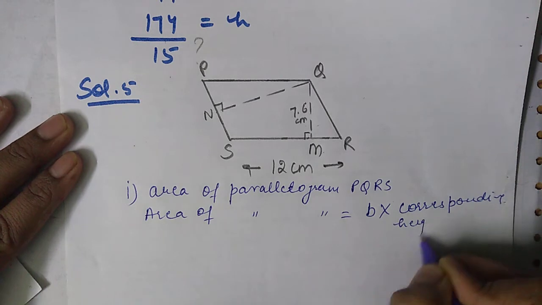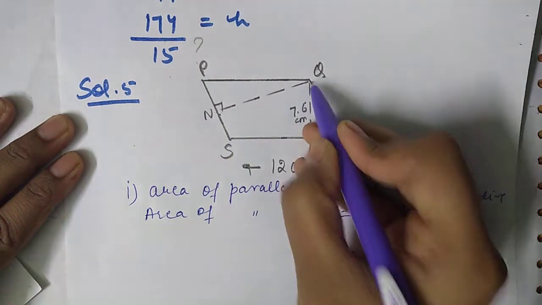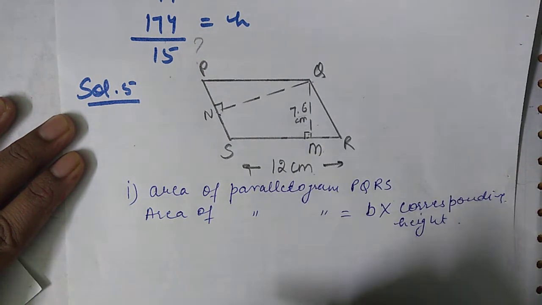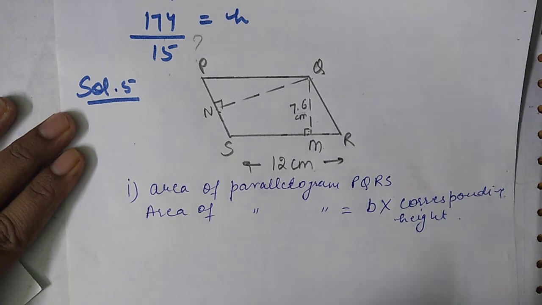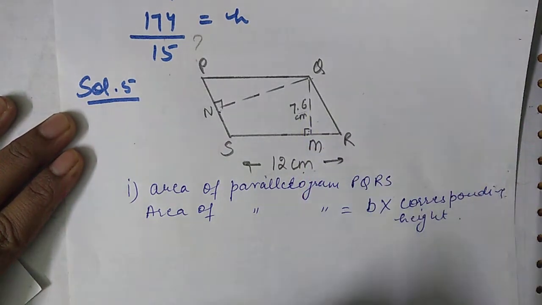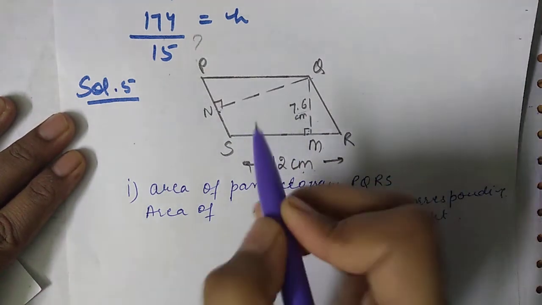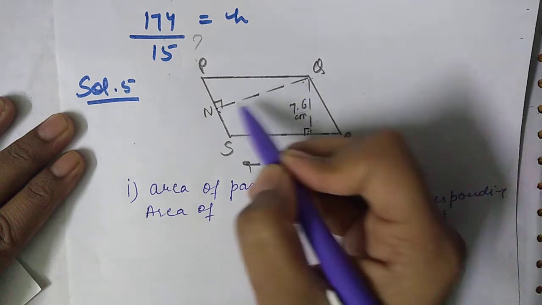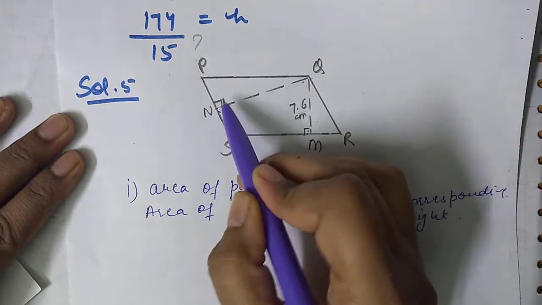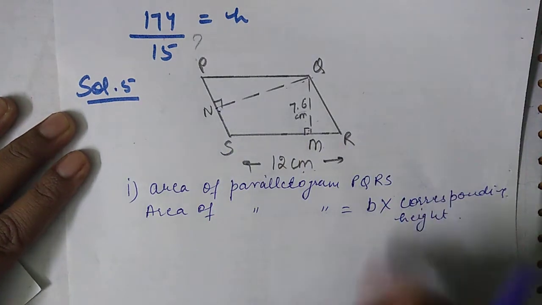We have been given two heights in this case. This is also the height, this is also the height. This I know and this I know, so I can apply this formula. I can put the value 12 as base and this as height. If this is also given and this is also given, then I can apply the formula here also and I will get the same area. Don't get confused.